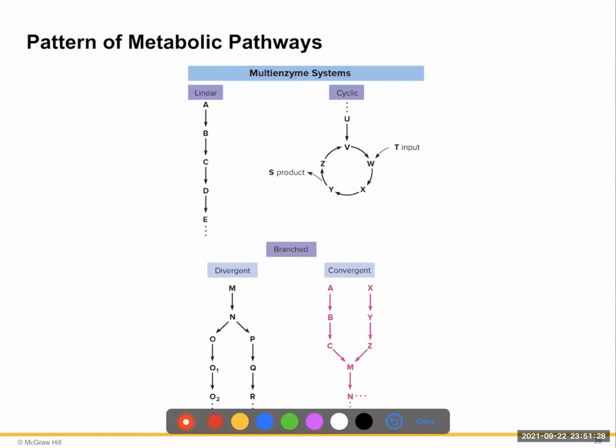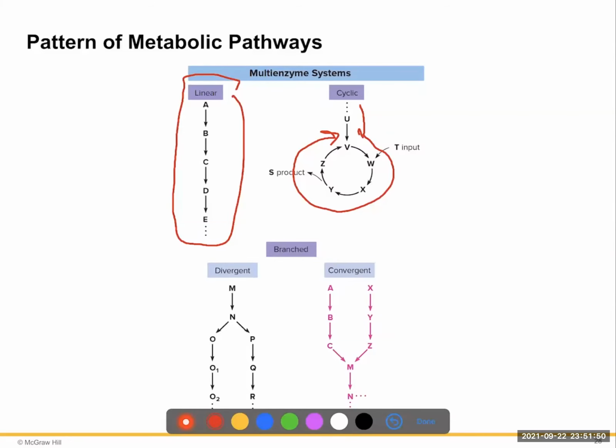So a multi-enzyme system can be linear. You have different ways. It goes A to B, B to C, C to D, E, etc. Or it can be cyclic, like the Krebs cycle or the Calvin cycle. You have your input coming in, runs through the cycle, you regenerate your binding molecule, it rebinds and runs again. It can be linear or cyclical, or it could be branched.